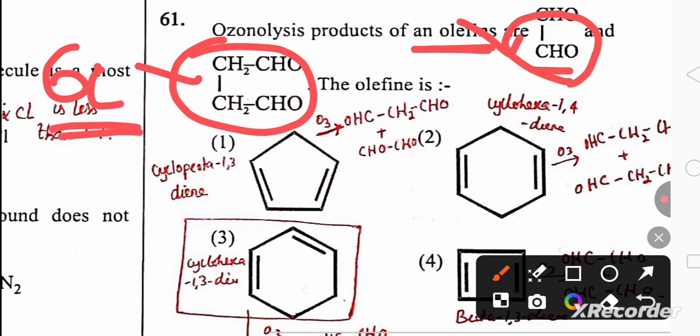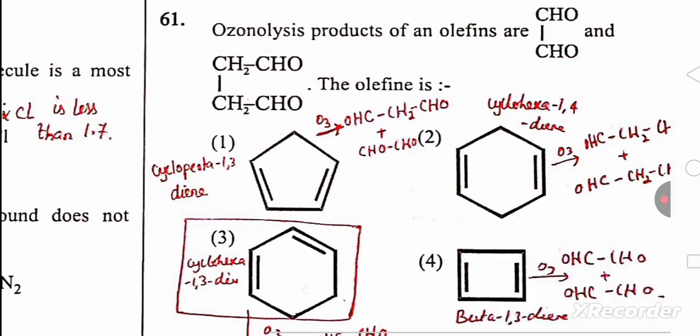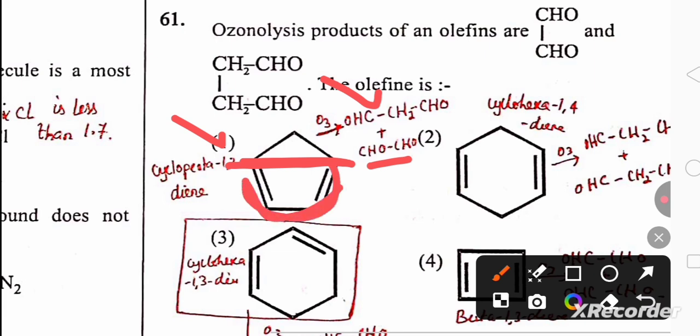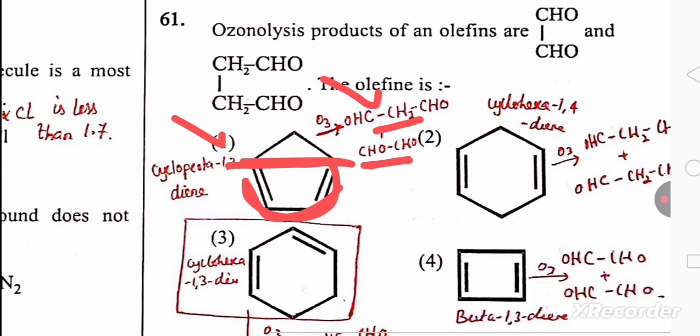So option 1 is cyclopenta-1,3-diene. When you do ozonolysis, wherever there is a double bond, there it undergoes breakdown. So it gives a 3 carbon aldehyde, a 2 carbon aldehyde and a 3 carbon aldehyde. So these 2 aldehydes we do not have in our options.